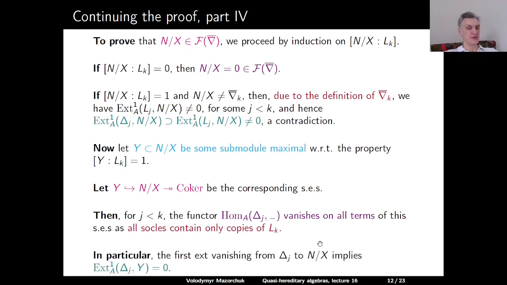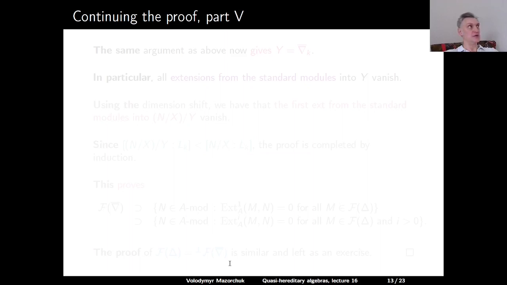In particular, since the first extension from Δ_j to N/X vanishes, it follows that the first extension from Δ_j to Y also vanishes. And from our proof above, we have that Y is actually ∇̄_k.